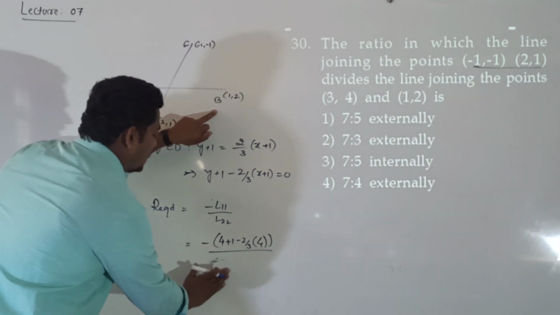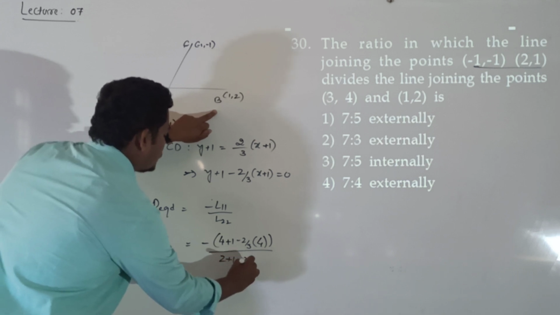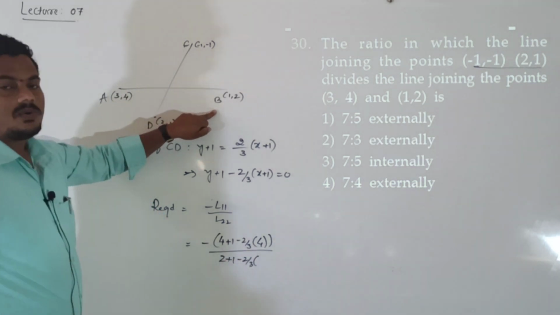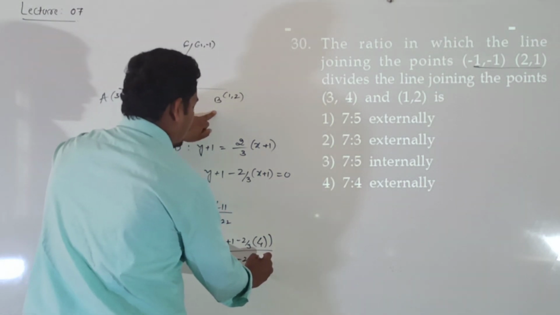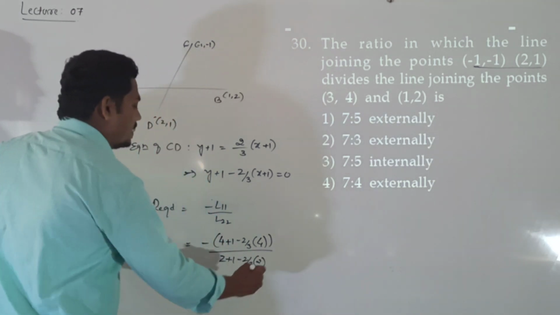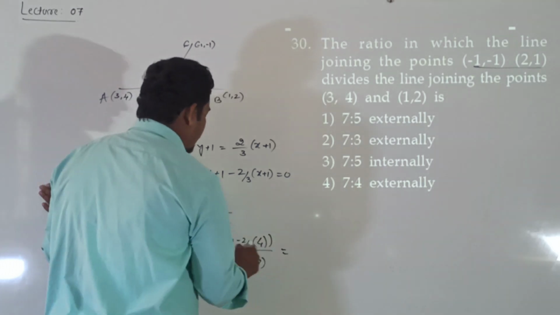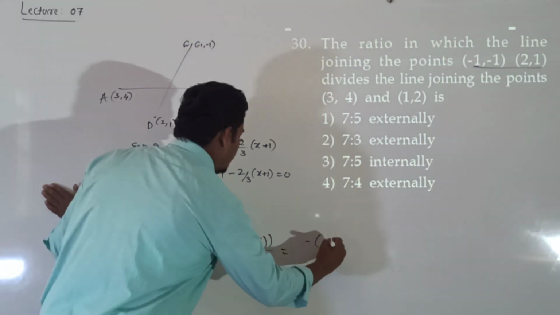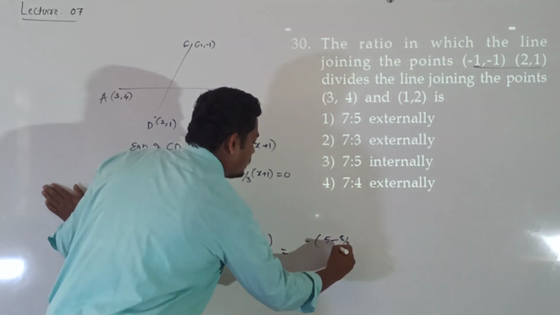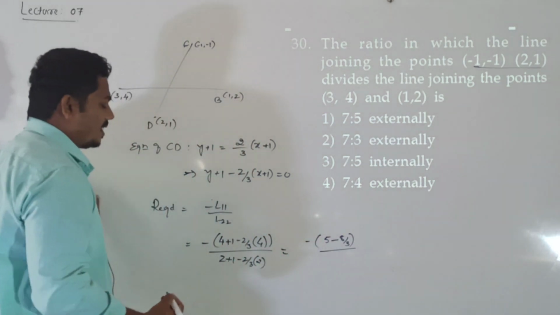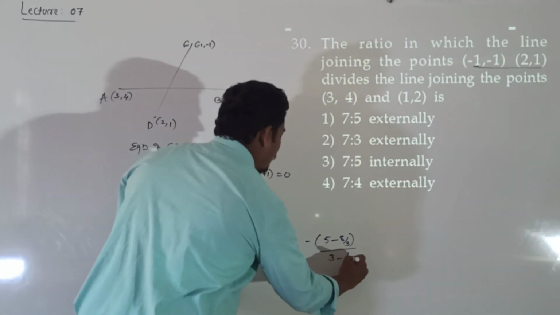What is the second point? X value 1, y value 2, that is 2 plus 1 minus 2 by 3 into x value 1, that is 1 plus 1 2. Then just simplify. Minus 8 by 3, it is 5, minus of 5 minus 8 divided by 3, whole thing divided by 3 minus 4 by 3.